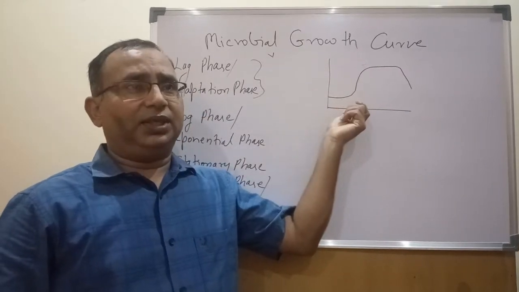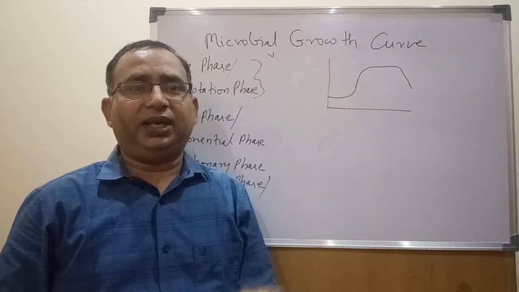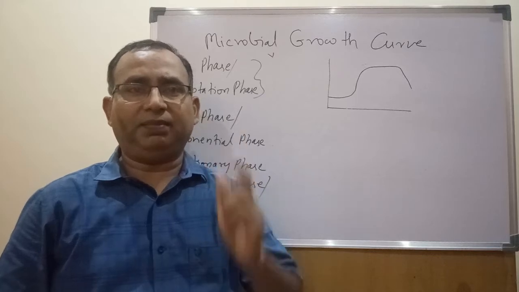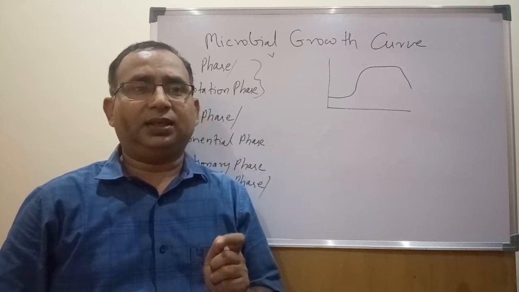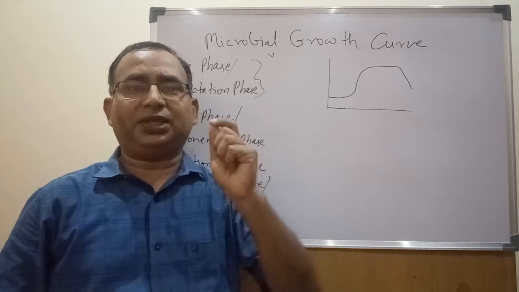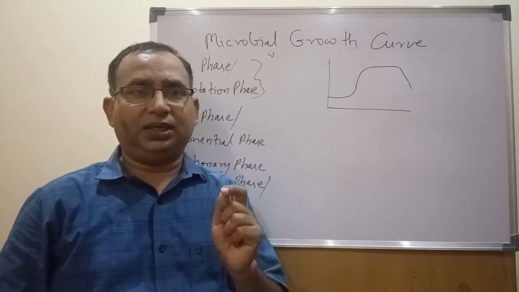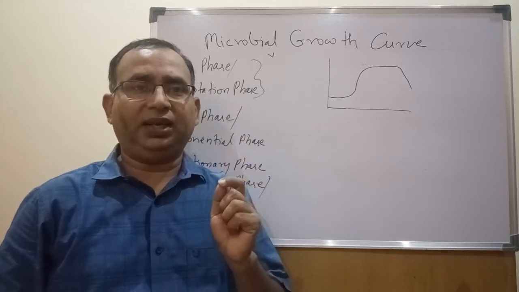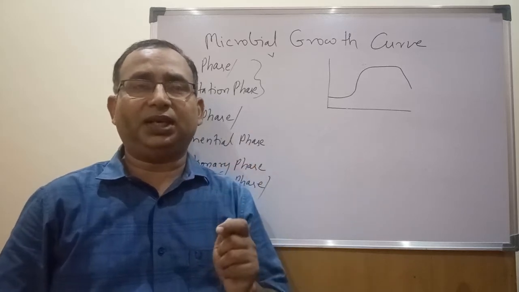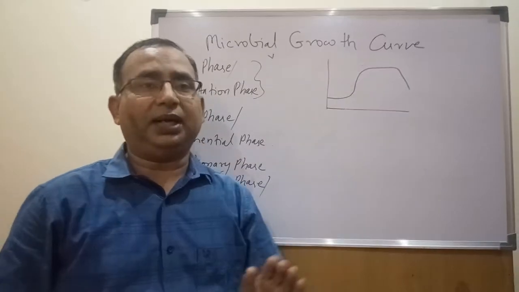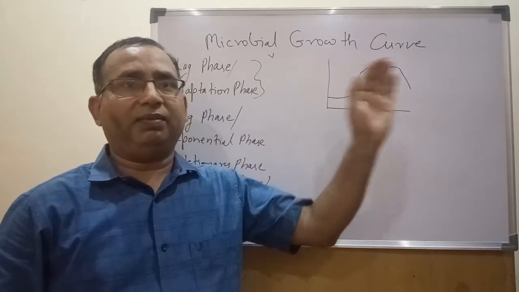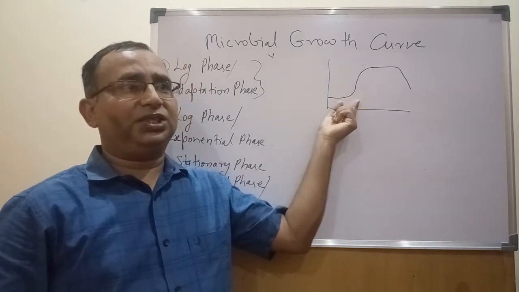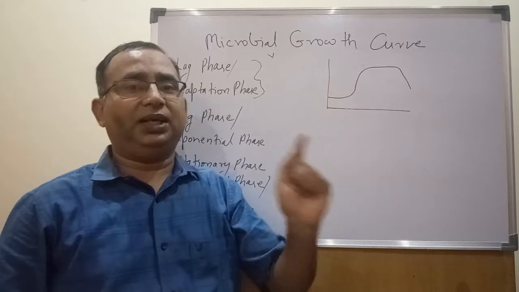So at the end of this lag phase, we get the size of the cell which is fully nutritionally developed, and hence the biggest size of the cell is observed at the end of the lag phase of the microbial growth curve. If we want to have the biggest size of the cell at different time for a given microbial growth curve, then we can observe the biggest size of the cell at the end of the lag phase.